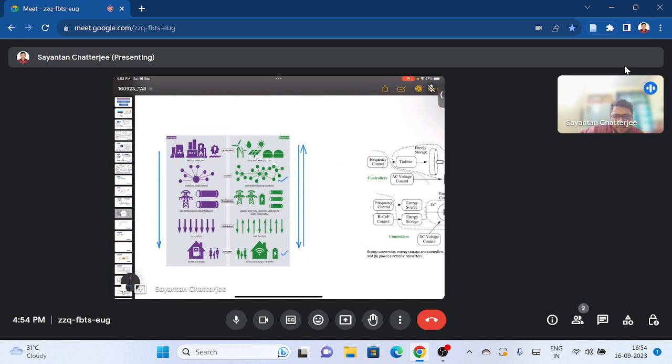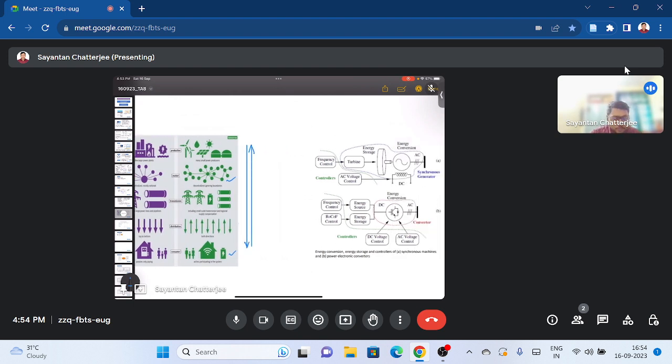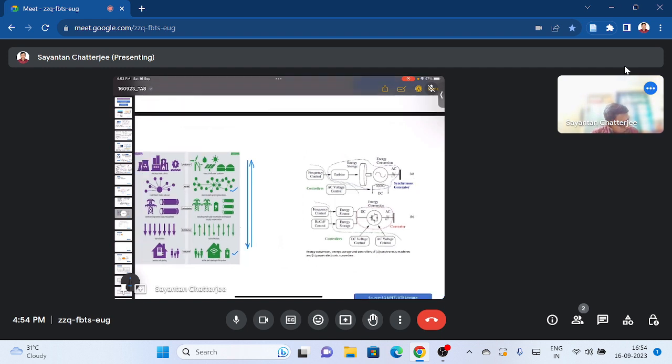The distribution side was mainly customers who were just consuming power. But nowadays, with ancillary support in this virtual grid system, or rather the smart grid system, bidirectional power flow is quite a challenging task in the present scenario.